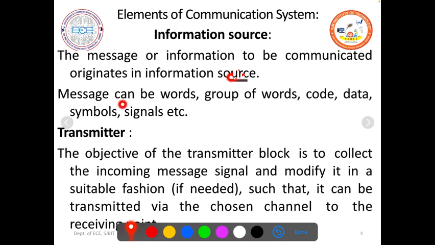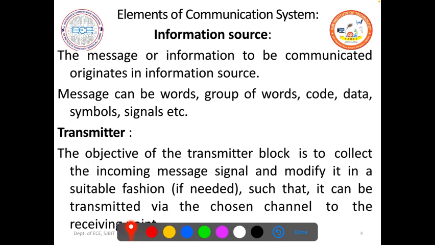It can be words, a group of words, code, data, symbols or signals, etc. All these types of information can be transferred from one point to another point. There are different types of data also, as I said: words, voice, text message, video message, anyway.